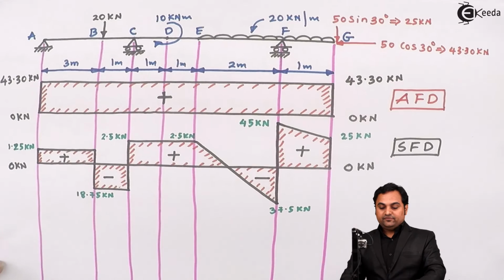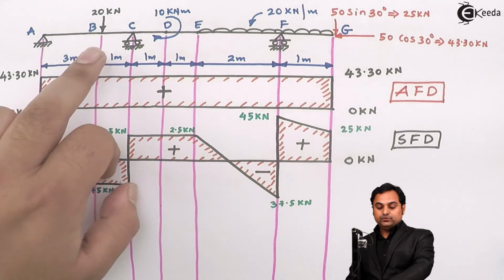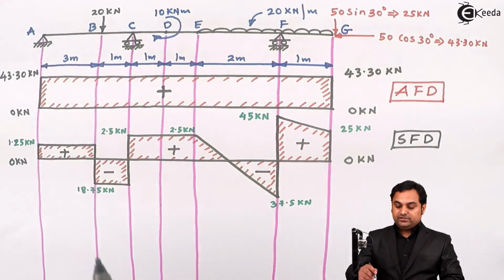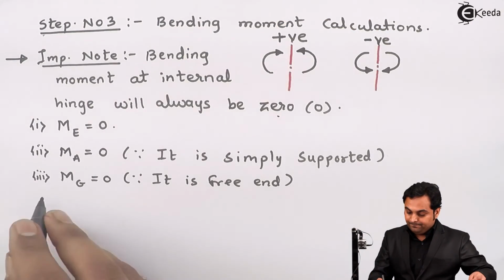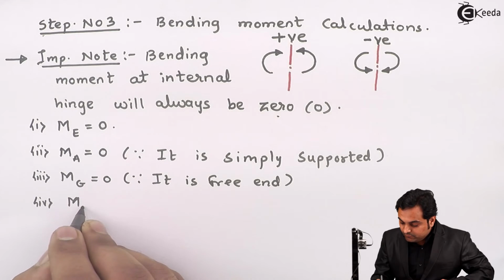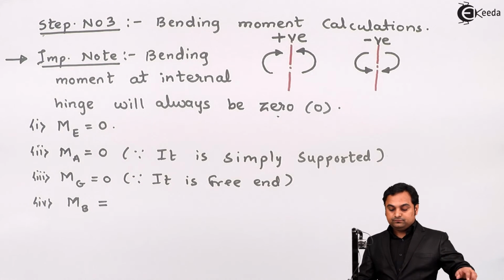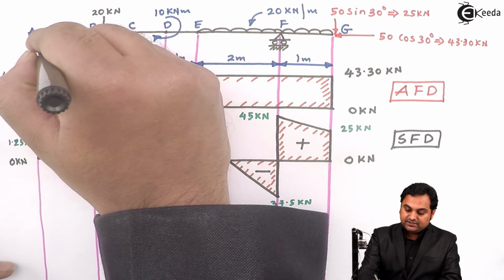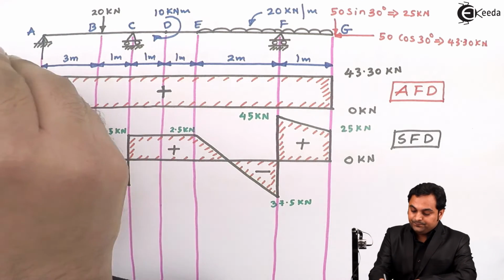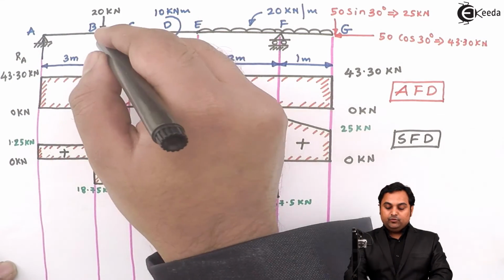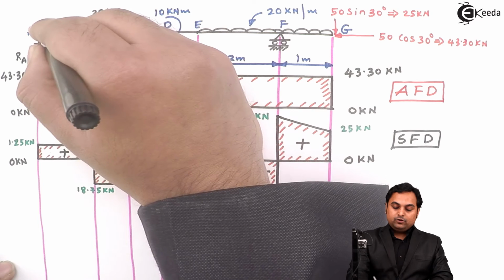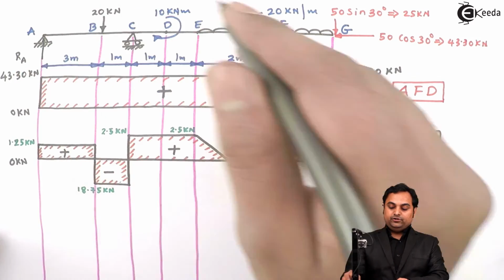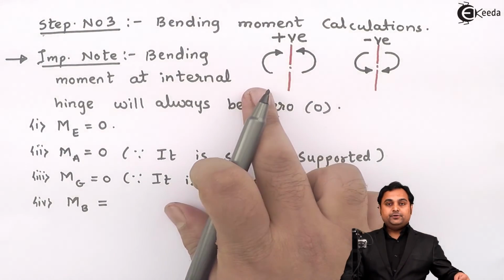Then after that we need to calculate the moment values at point B, at C, at D and at point F. So first starting with B. Moment at point B will be equal to, now here if we see at point A there is a reaction called as RA, reaction at A. Now when I take the moment at B, this RA will be coming into clockwise direction and it is to the left of B. So clockwise moment on the left hand side of the section is treated positive.